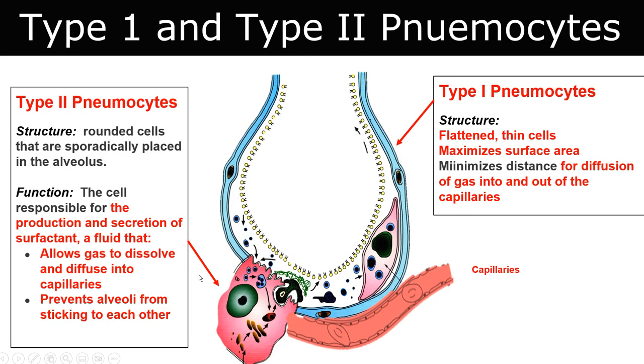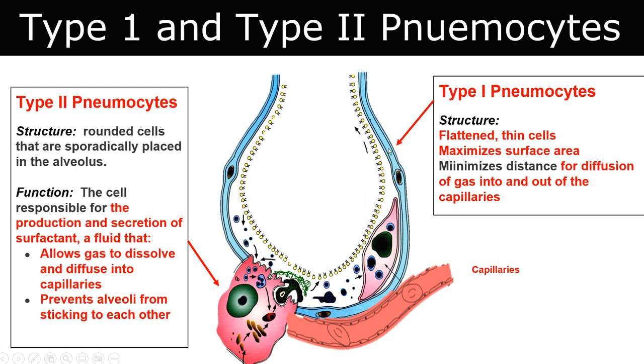When we look at the alveolus, there are two different cell types that you're going to need to know. The first one is type 1, and that is these guys here in blue. You notice that they have a long and elongated structure, which increases their surface area, again, because that is where gas exchange is occurring. These are the ones that are actually facilitating the gas exchange.